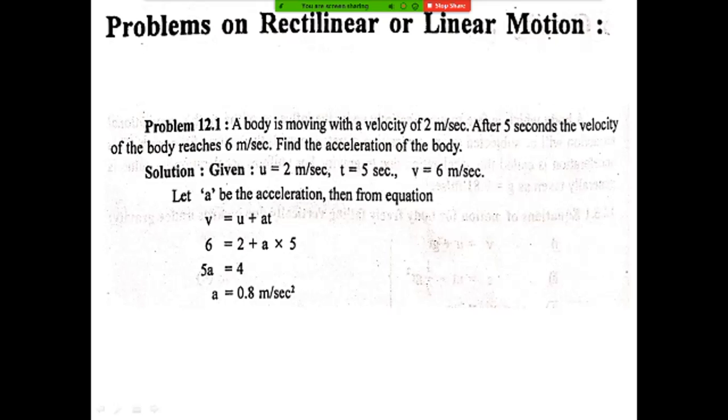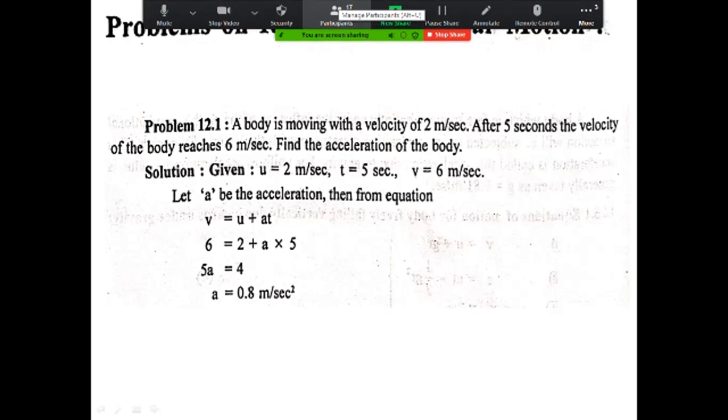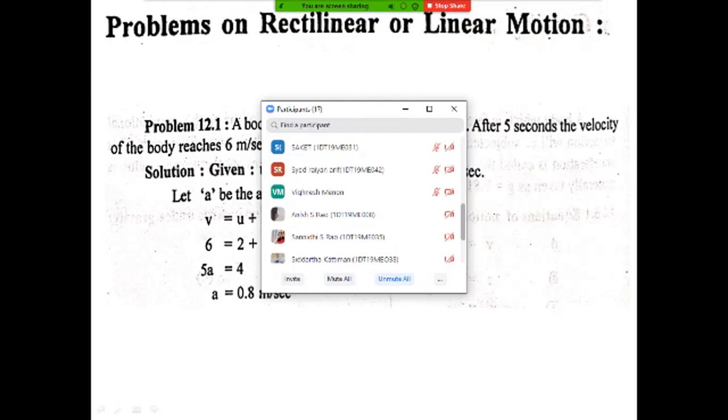So from the equations of rectilinear motion we have v equals u plus at. I substituted all these values, and a is the only unknown. Then I found acceleration equals 0.8 meter per second squared. Is it clear?